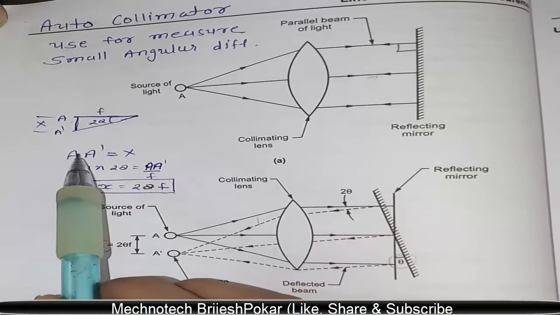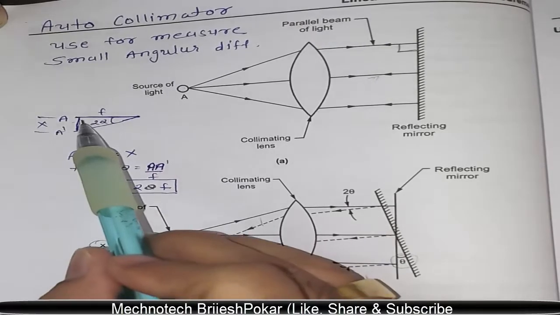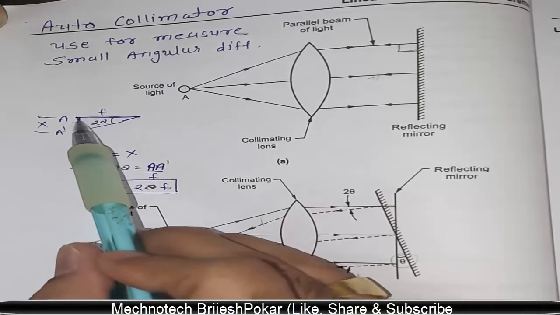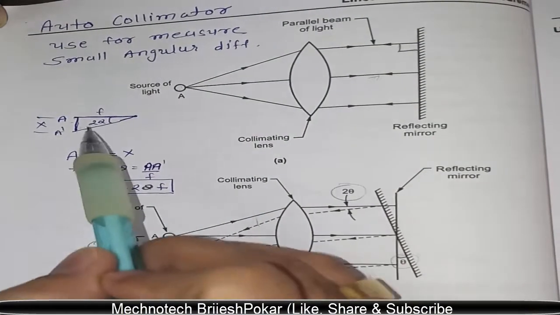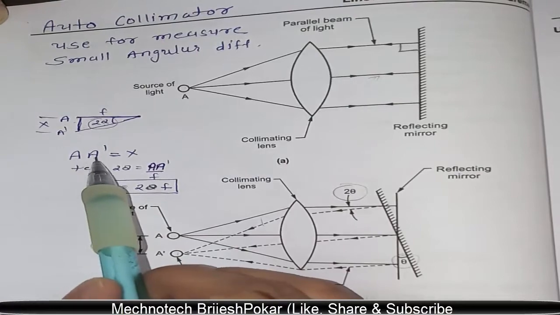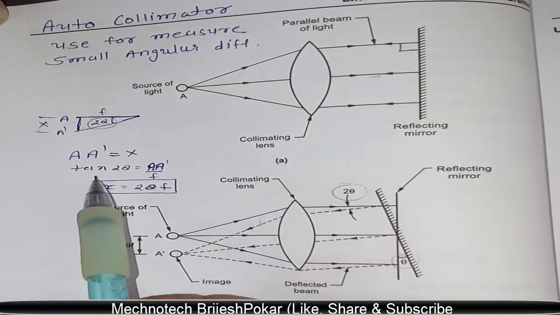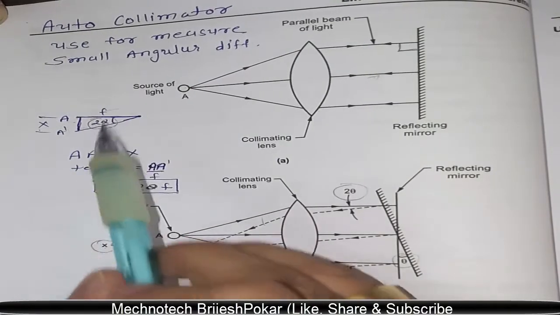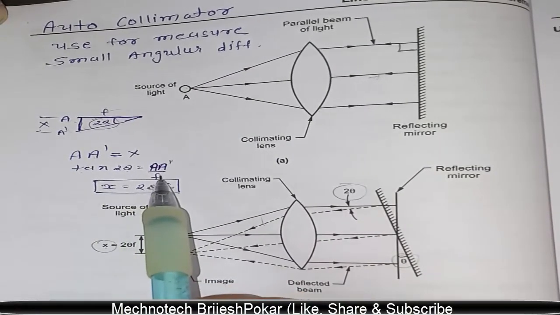Here, if you see this figure, the angle over here is 2 theta. A dash is the distance x, and from this figure we can write tan 2 theta is equal to A dash upon f.